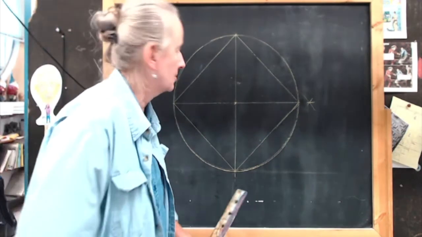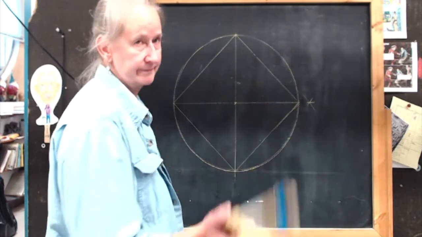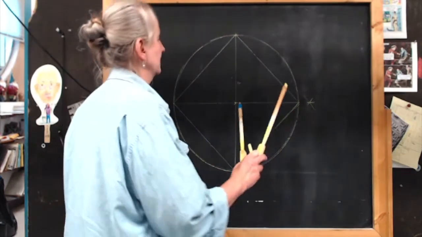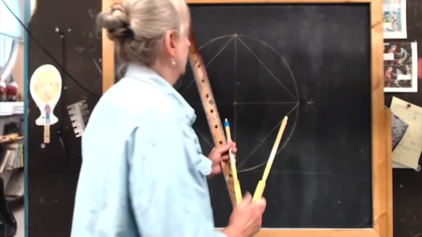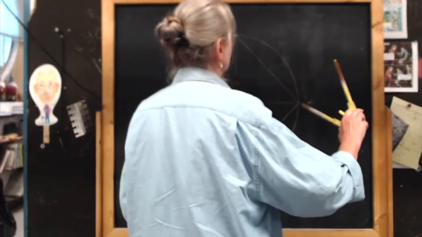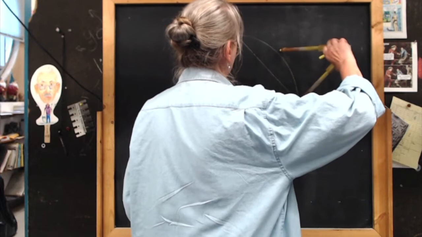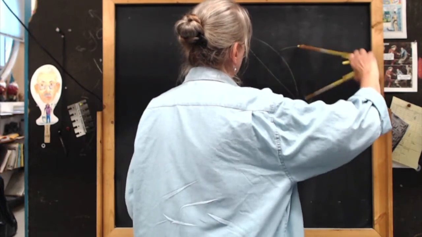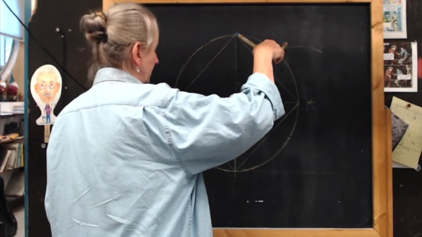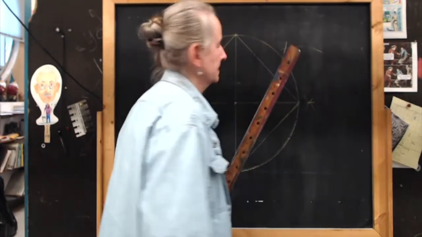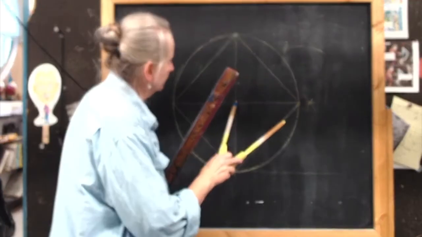So now suppose I didn't want a square, I wanted an octagon. What I can do is, once again, bisect a line. So I'm going to draw an arc, and then I'm going to draw another arc, right? And I'm going to do that over here too.